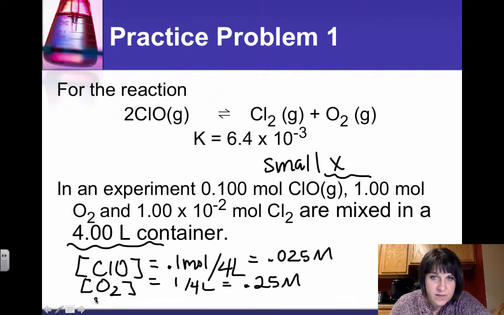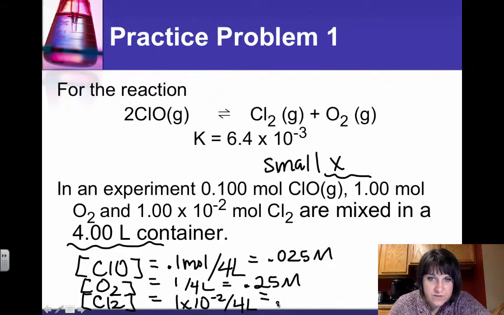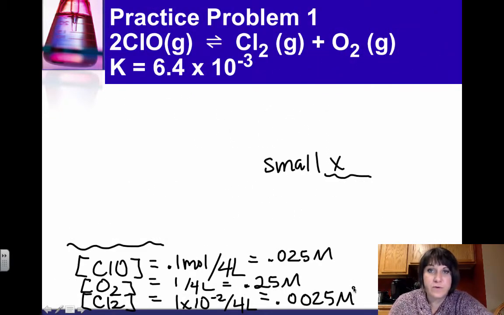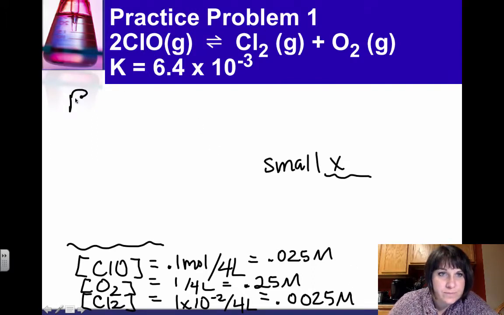And then finally, the chlorine gas concentration is 1 times 10 to the minus 2 moles in 4 liters, so that's 0.0025 molar. Okay, so now we know the concentration of everything. We're going to put that into our RICE table. Oh, and the question says, what are the equilibrium concentrations? I knew that. So let's make a RICE table.